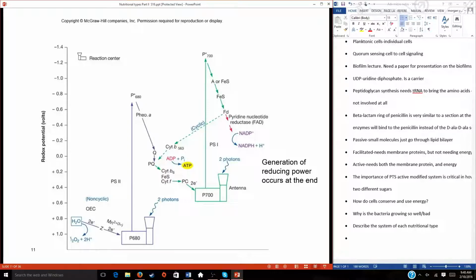So now all these hydrogens are on one side, you produce what we call a proton motive force, and all those hydrogens then make their way back across the membrane through a protein called an ATP synthase, right? And that generates chemical energy, ATP. So that's how light goes from light energy to chemical energy during this cycle process.